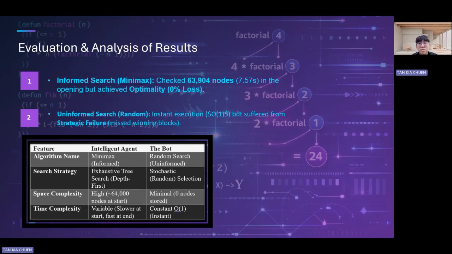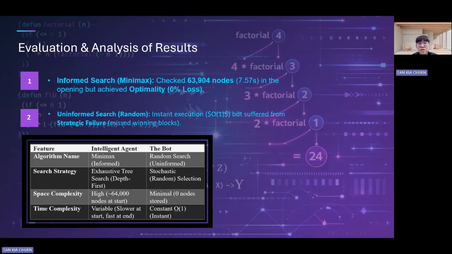The table below summarizes this trade-off clearly. Minimax uses exhaustive tree search, requires high memory and time, but guarantees optimal play. The random bot used stochastic selection, requires almost no memory, but has no strategic awareness.